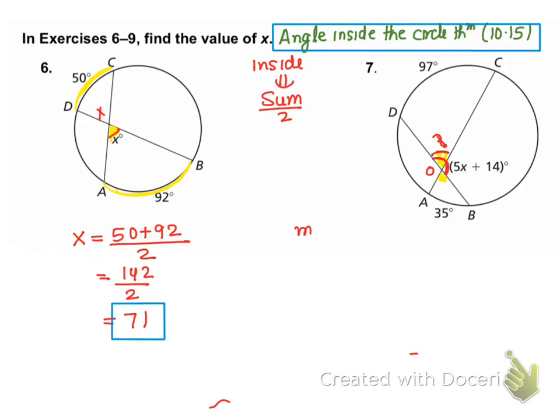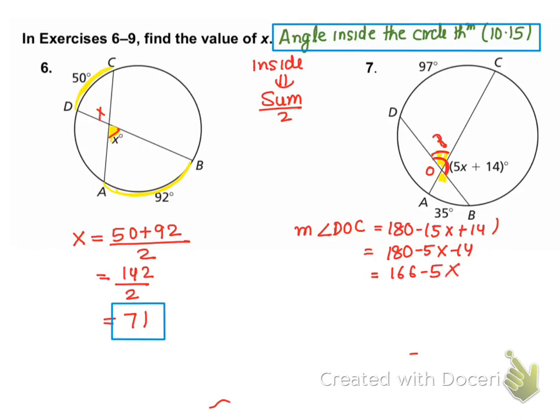Suppose I make it O. So if I want the measurement of angle DOC, that is going to be what? 180 minus 5x plus 14, and when you simplify it, 180 minus 5x minus 14, your final answer is going to be 166 minus 5x.